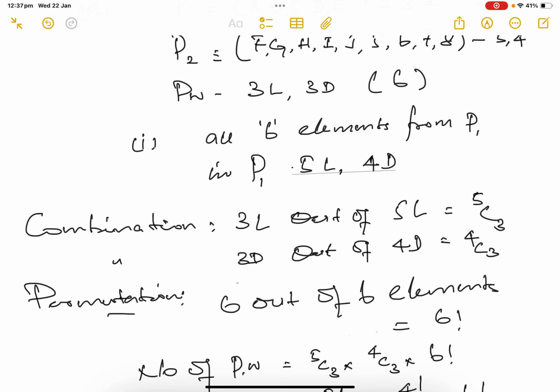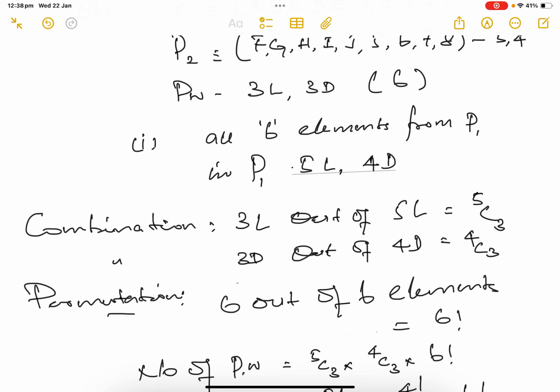Let's look at the first question: all 6 elements from P1. So in P1, we have 5 letters and 4 digits. We need to select 3 letters and 3 digits, because the password requires 3 letters and 3 digits.